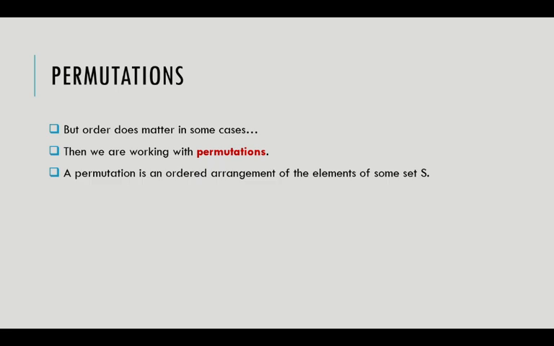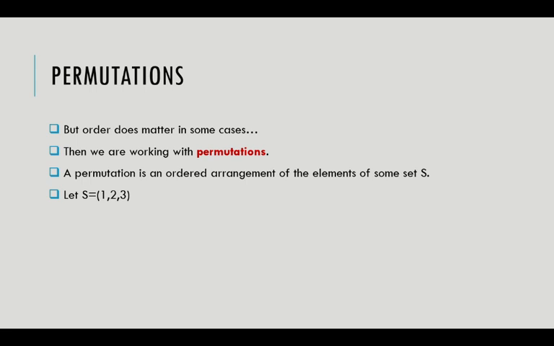So a permutation is an ordered arrangement of the elements of some set S. That sounds really formal, but we're basically just saying it's like a combination, but in this case, order matters. So let's let our set S equal the numbers 1, 2, 3.